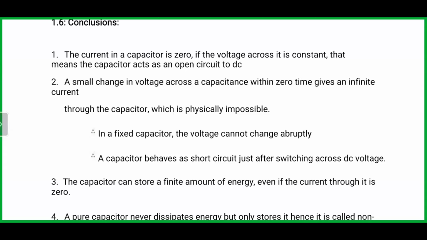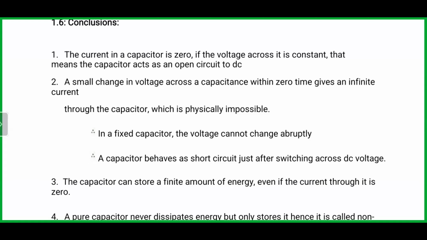Okay, a small change in voltage across a capacitor within zero time gives an infinite current through the capacitor, which is physically impossible. In a fixed capacitor, the voltage cannot change abruptly.